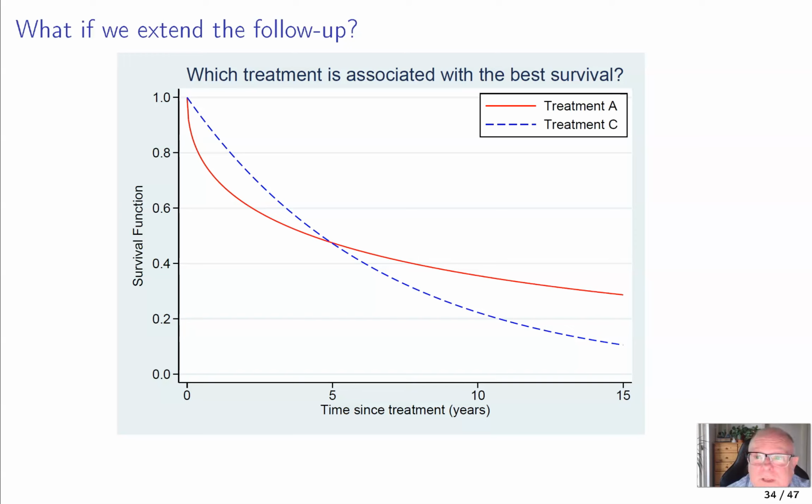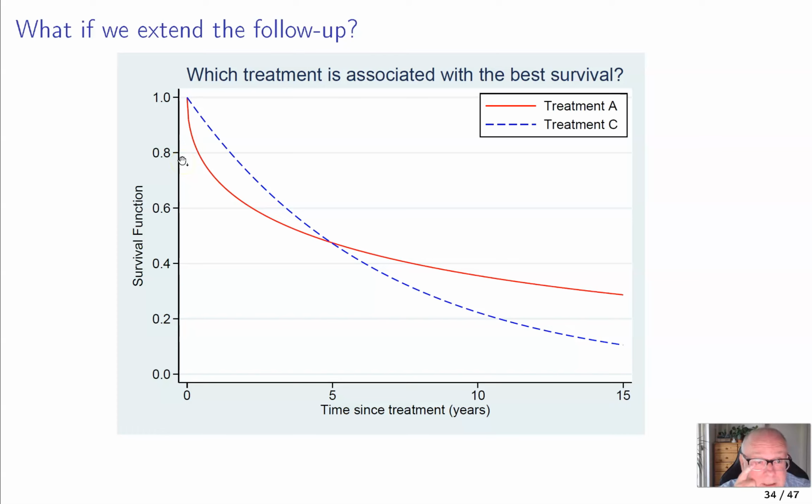So which of these treatments would you want for yourself? Well, it depends on what part of the follow-up time you're looking at, which could depend on what is your expected remaining lifetime. For an elderly individual who didn't have a long expected lifetime, you might prioritize early survival.